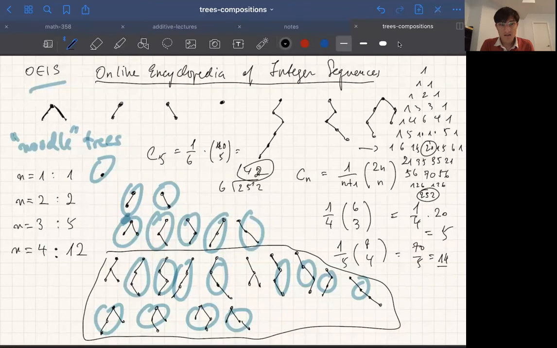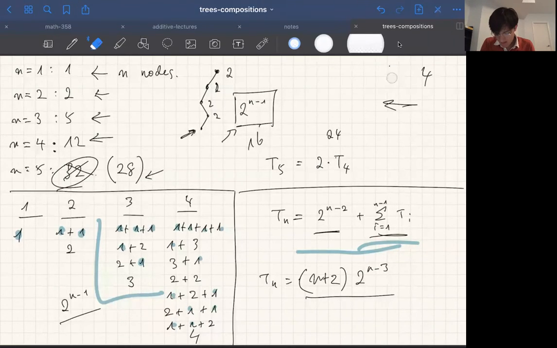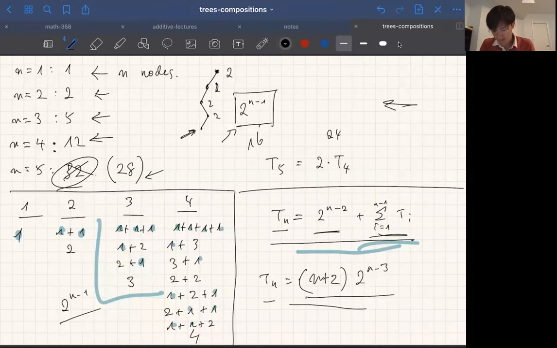I guess, at the risk of repeating what we did before, I'm going to try to just work from scratch. So we had this, which is the recurrence that we used to prove that Tn equals that. This is a formula, and this is a recurrence, and we call it that because it's recursive.